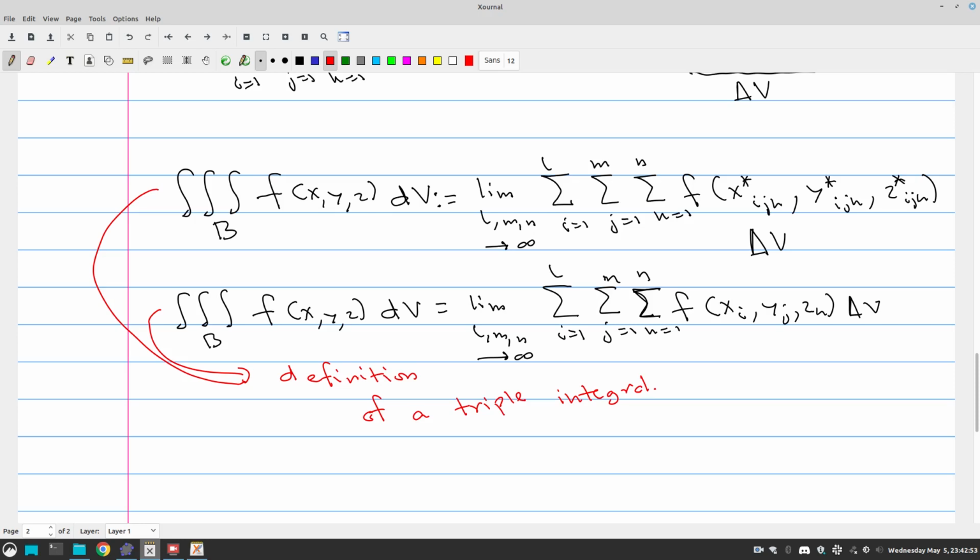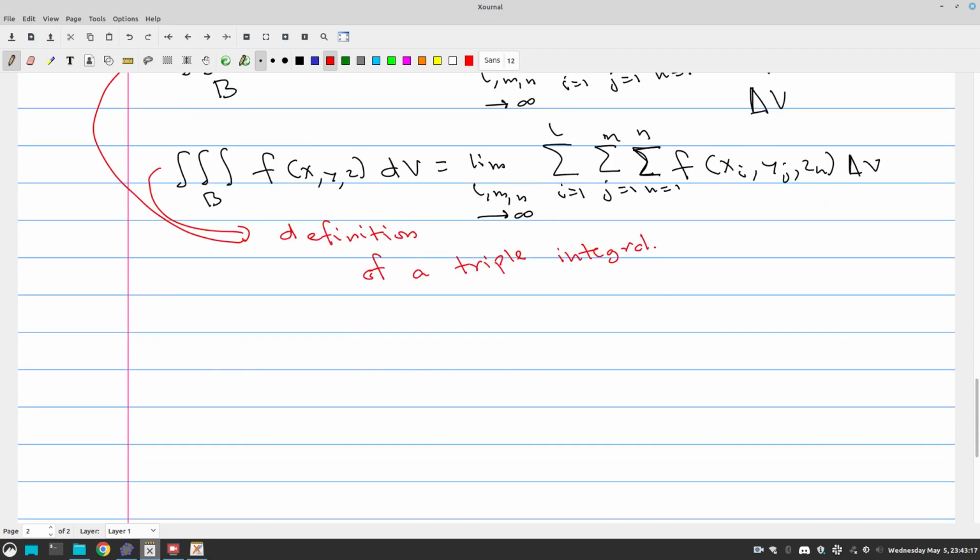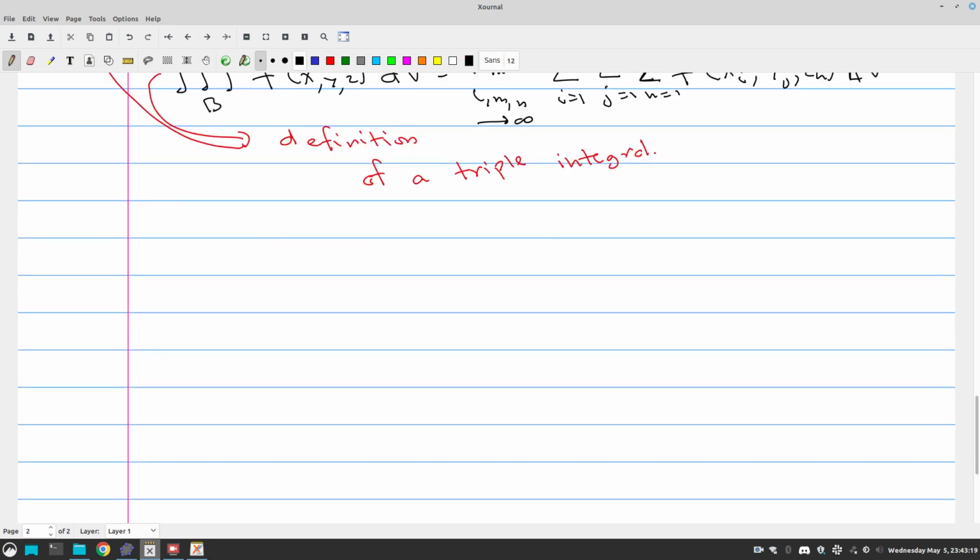Now, remember, we know of this theorem called Fubini's theorem, which actually helps us evaluate integrals in a practical way. So just as with double integrals, we can use Fubini's theorem with triple integrals.